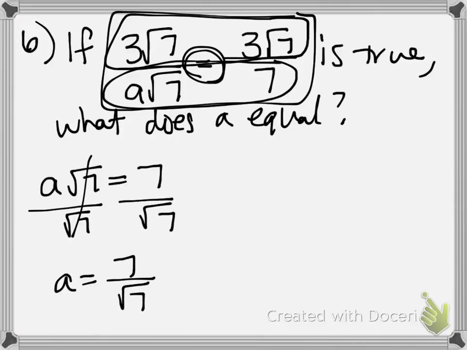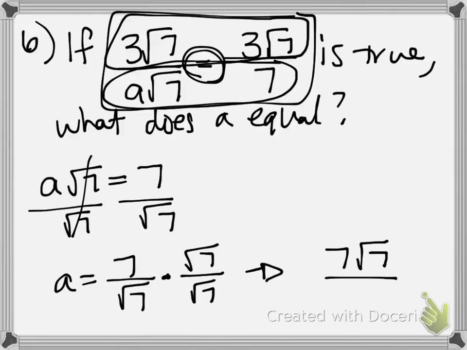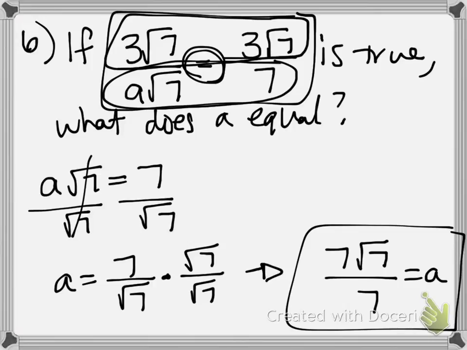And now, due to our mad rationalizing skills, I can rationalize that denominator. So then I get 7 square root of 7 all over 7. And that equals a. Now, one catch. I'm not 100% done because I can actually reduce those 7s. I can divide them each by 7.